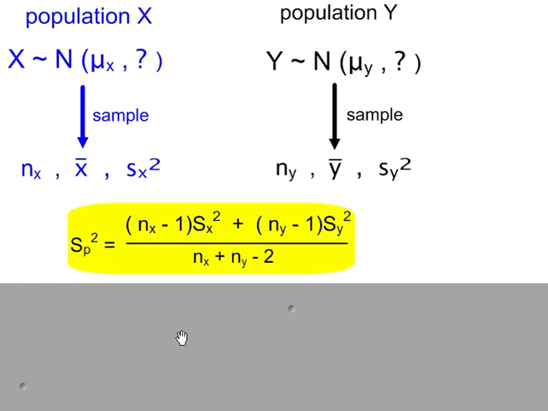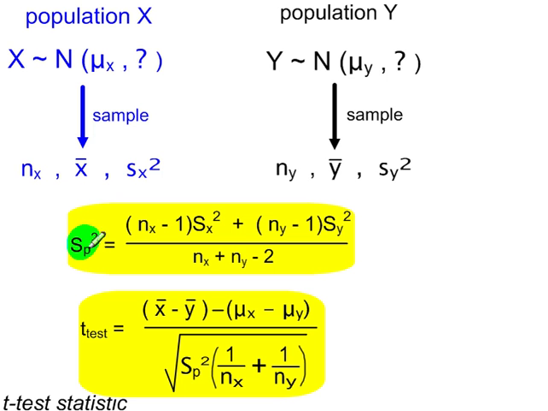And then we calculate the pooled sample variance value using this formula. So S_P squared. This is the common population variance to both.